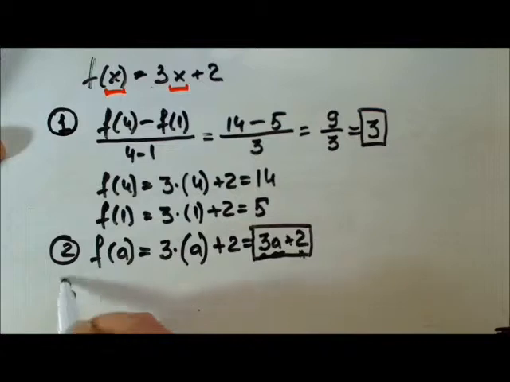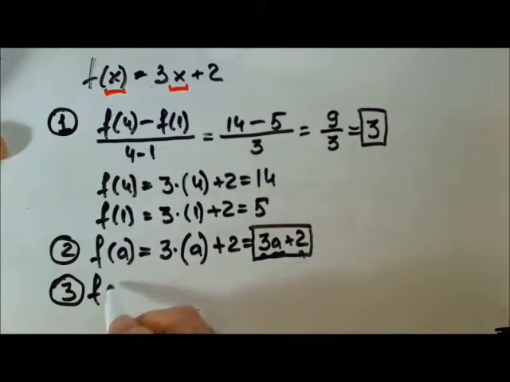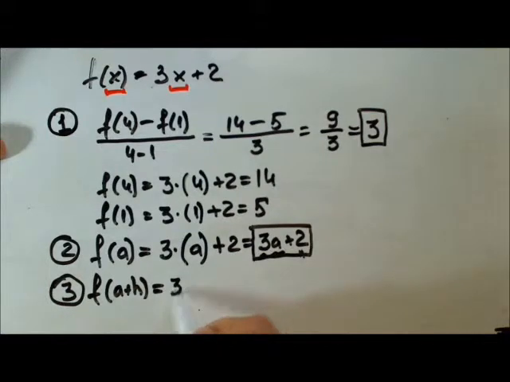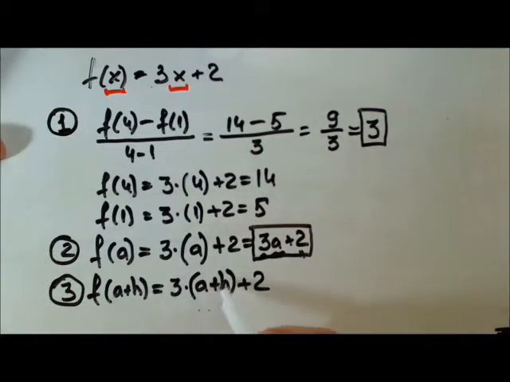Next, number 3, we have to calculate f of a plus h. Now you're going to see why we use parentheses around the input. 3 times, again, our input, which is parentheses a plus h, close parentheses, plus 2. The parentheses help us see that we have to multiply 3 by the whole expression.